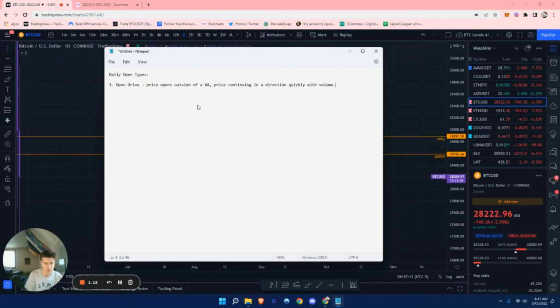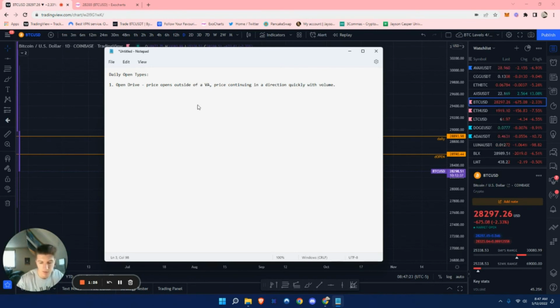You typically want to see a lot of buying volume when price is pumping, so you can get into the move and have a safe bet. And when price is dumping, you want to see a good amount of selling volume, or red volume in that case.